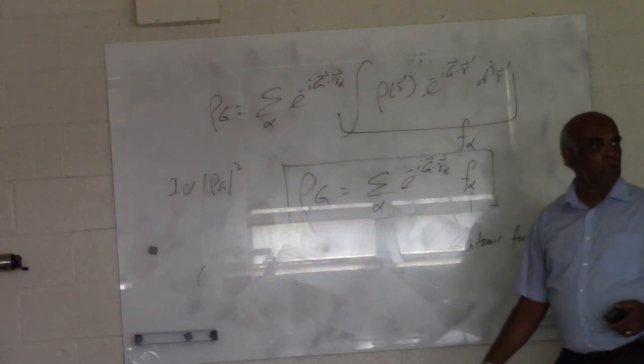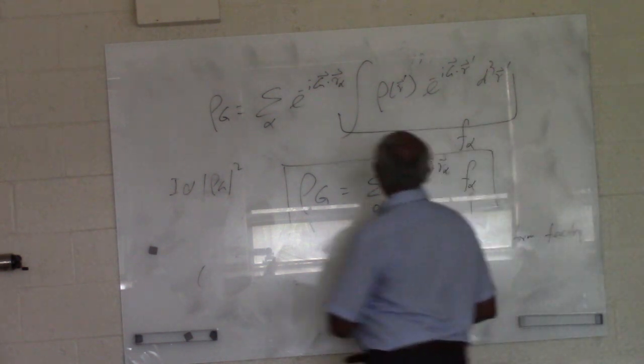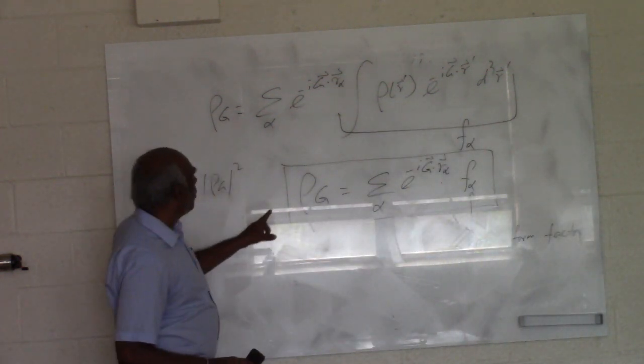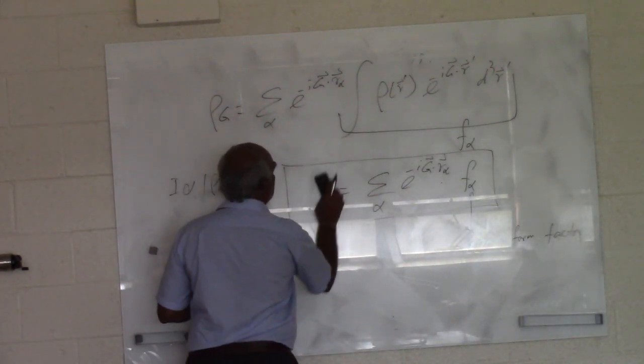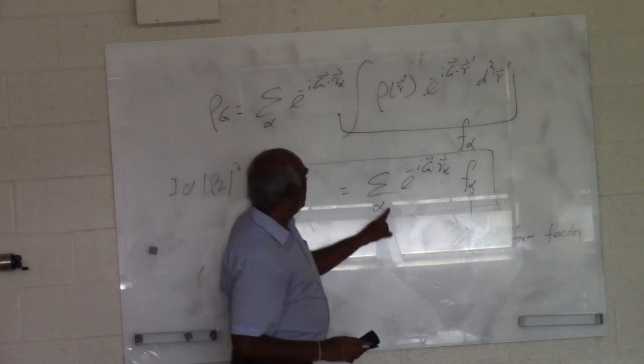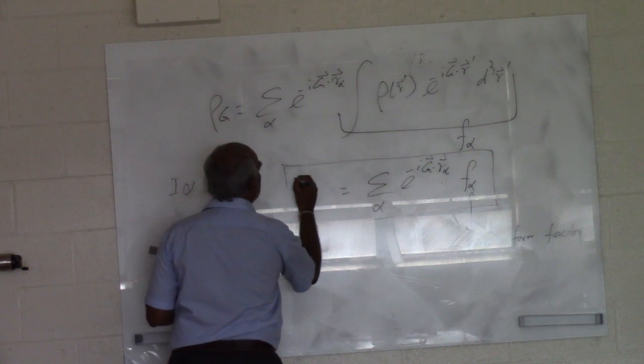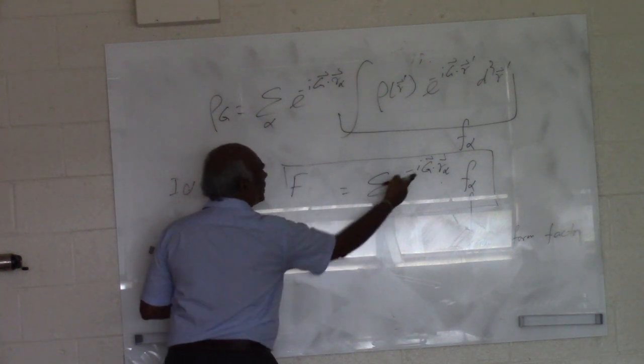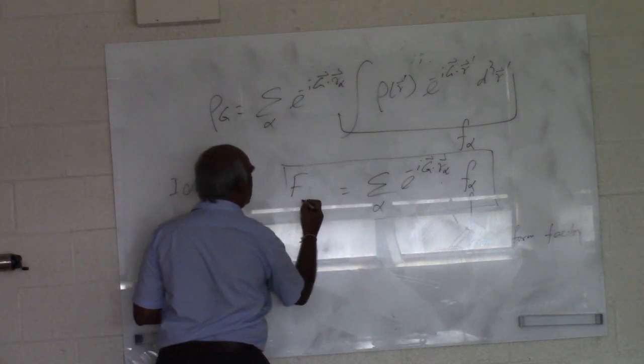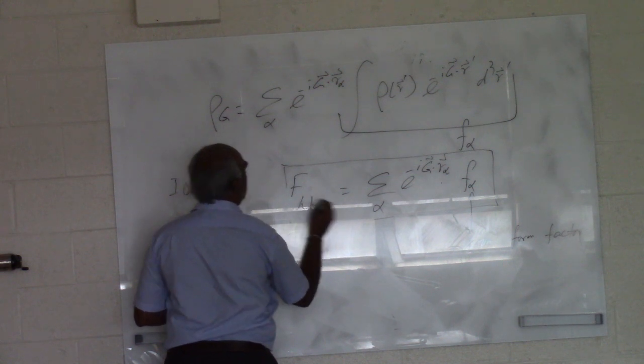So actually this has a function of this F alpha, we call this whole function F, and since it depends on G, we call it F HKL.